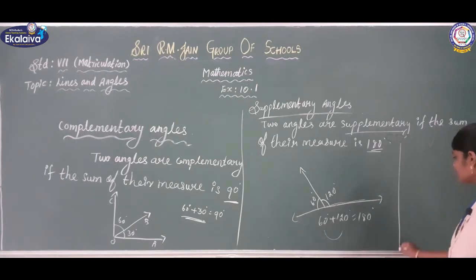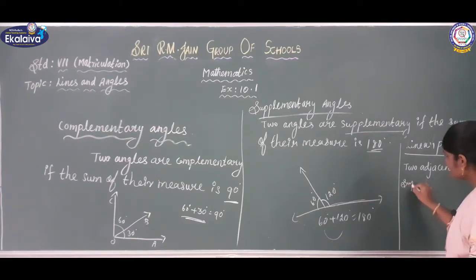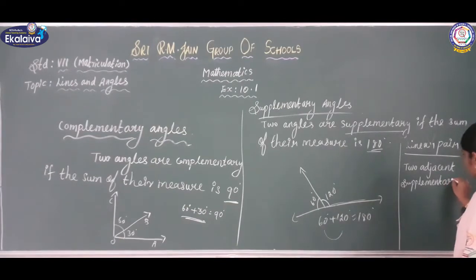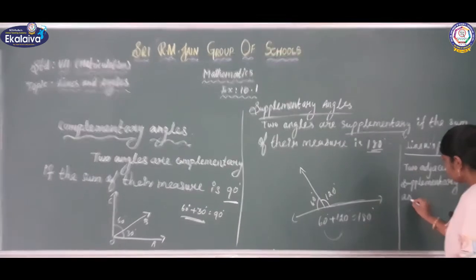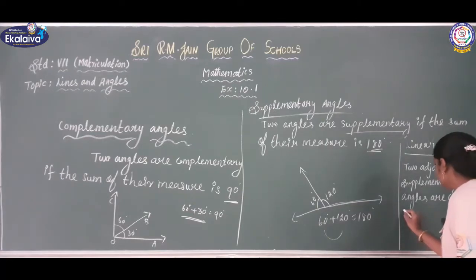Okay. And the next one is linear pair. Two adjacent supplementary angles are called a linear pair.